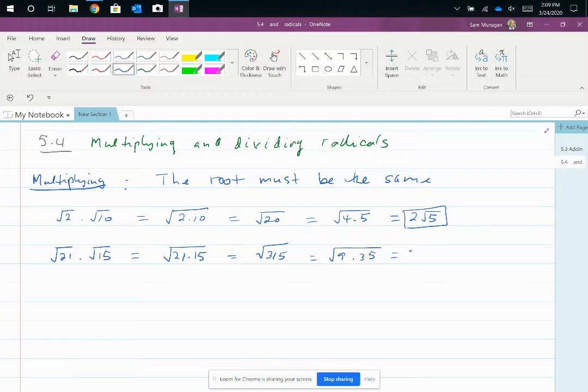So square root of 9 is 3, giving 3 square root 35. 35 has no perfect squares in it, so you're more or less done at that point.